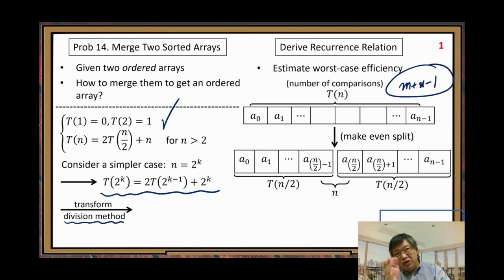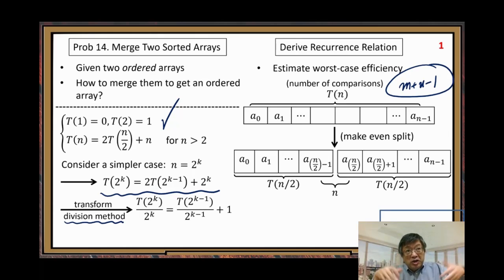If we do division on both sides by 2 to the kth power, you will see we get a new recurrence relation, but this time, this new recurrence relation will expose the structure better.